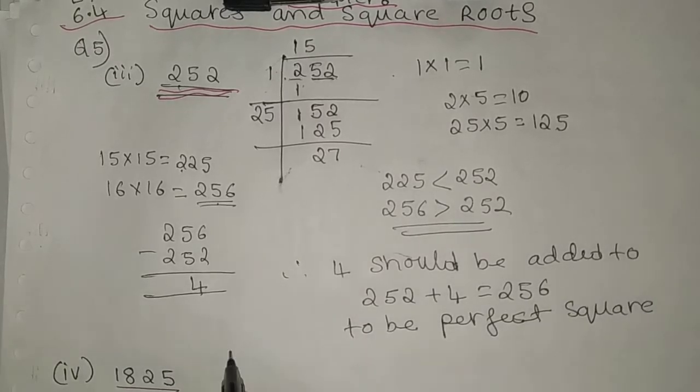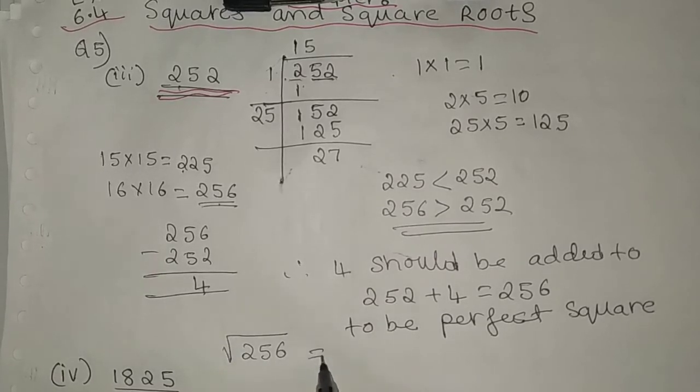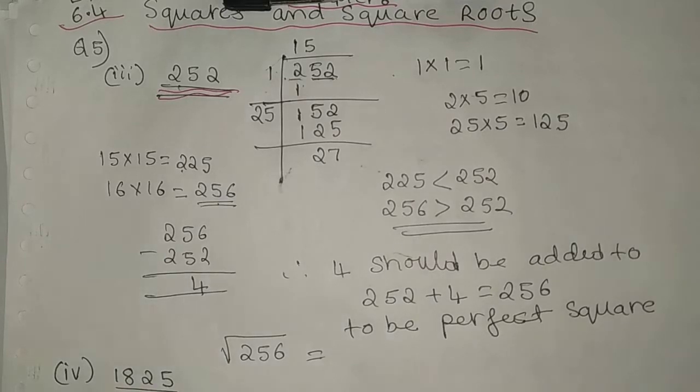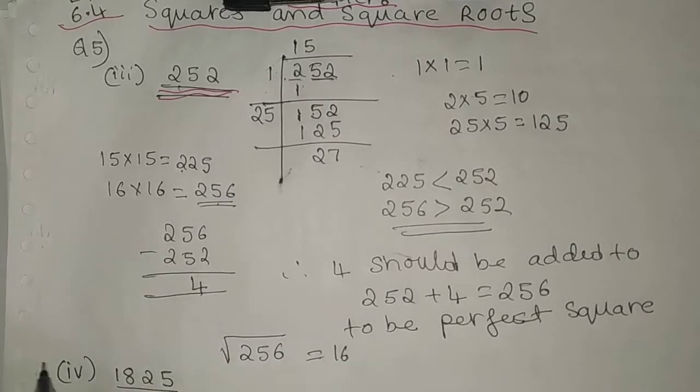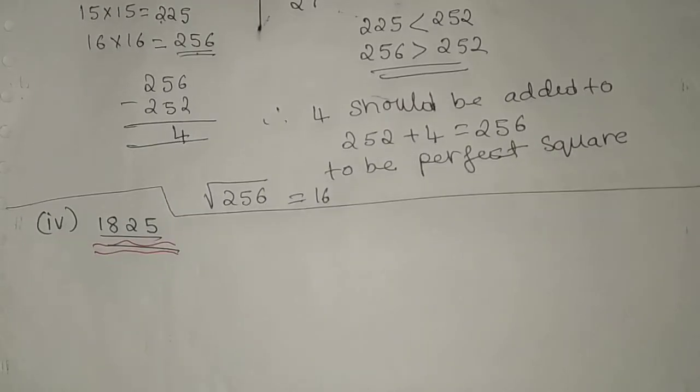Finally what we write, that is square root of 256 is equal to 16, the correct answer. So this is the solution for this one.